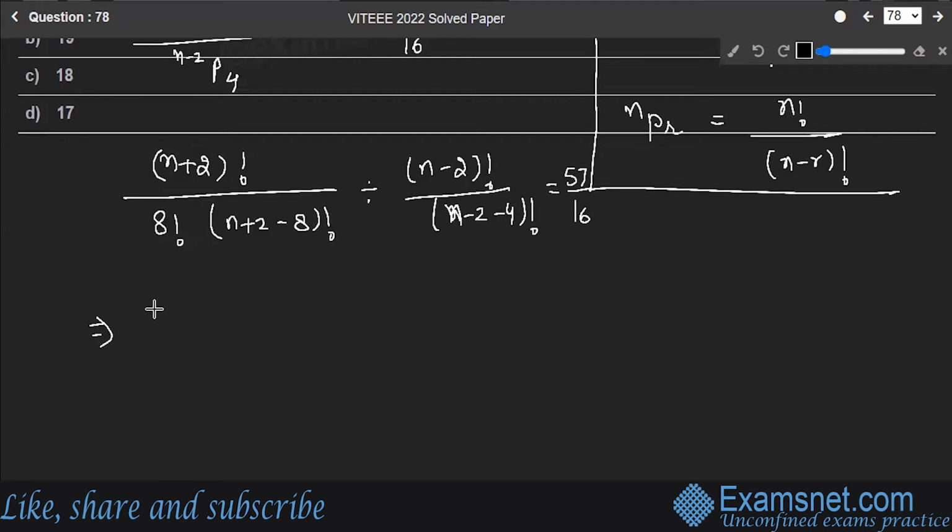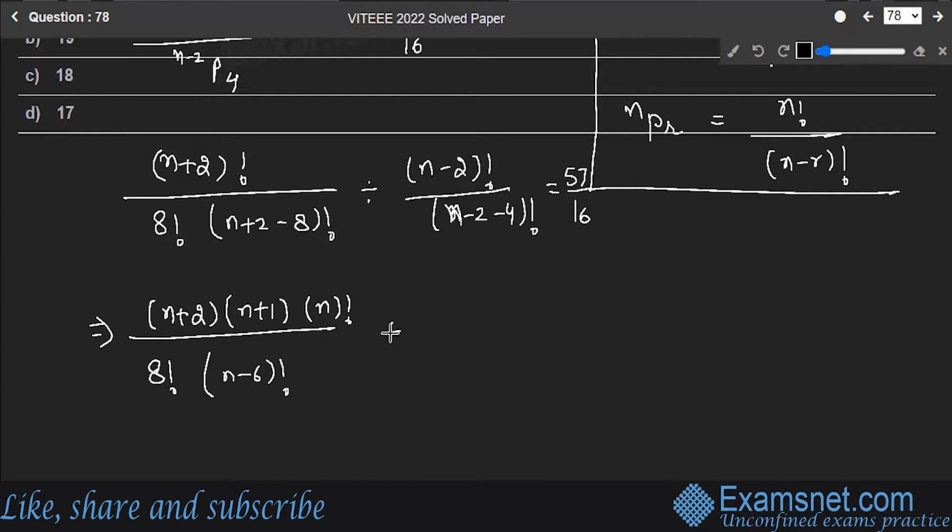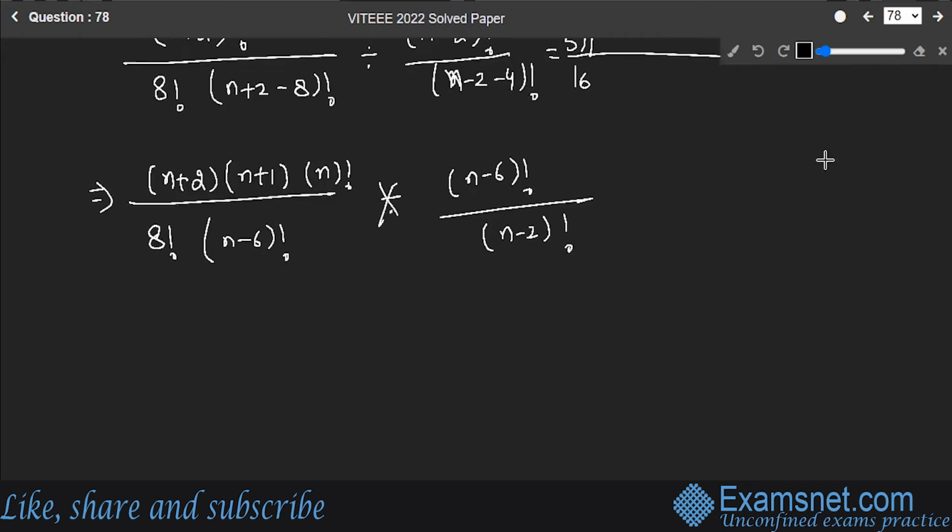Correct. So this is n plus 2, n plus 1 into n factorial upon 8 factorial into n minus 6 factorial. This is divided, or I can say multiplied by n minus 6 factorial upon n minus 2 factorial. Right? This is equal to 57 upon 16.